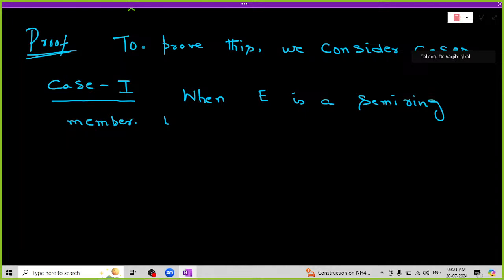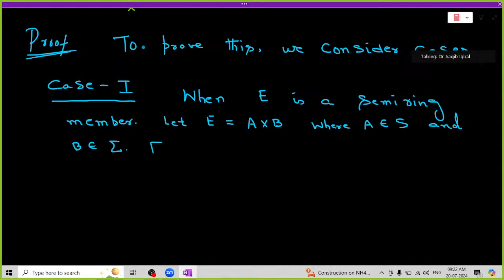Full stop. Now that it's a semiring member, it must be of the form A cross B. So I am doing that: let E be equal A cross B, where A and B are coming from the respective semirings. A is coming from S and B is coming from the semiring on Y, which is sigma. Full stop.